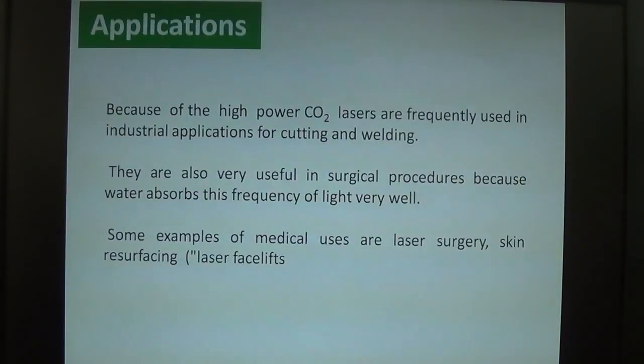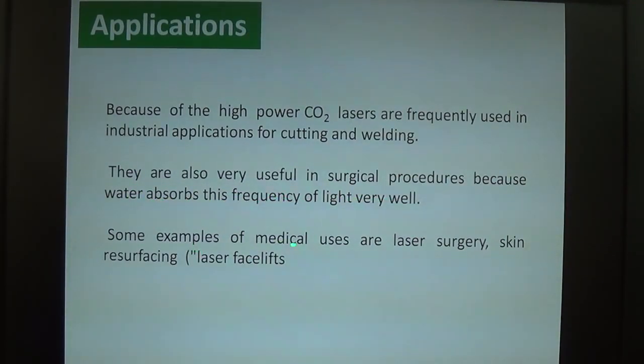Now, the applications of the CO2 gas laser. We achieve high power from the CO2 gas laser, and because of that it is widely used in industry, for cutting purposes and welding purposes also. In medicine, they are also very useful in surgical procedures, because water absorbs this frequency of light very well.